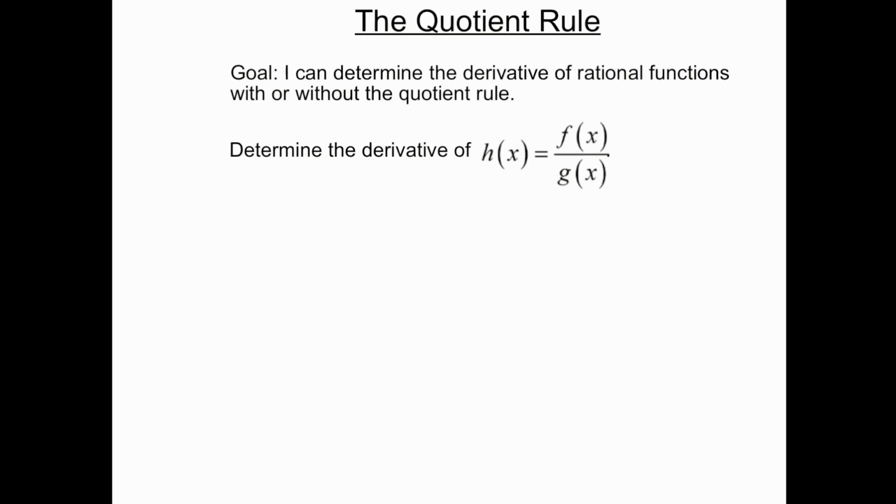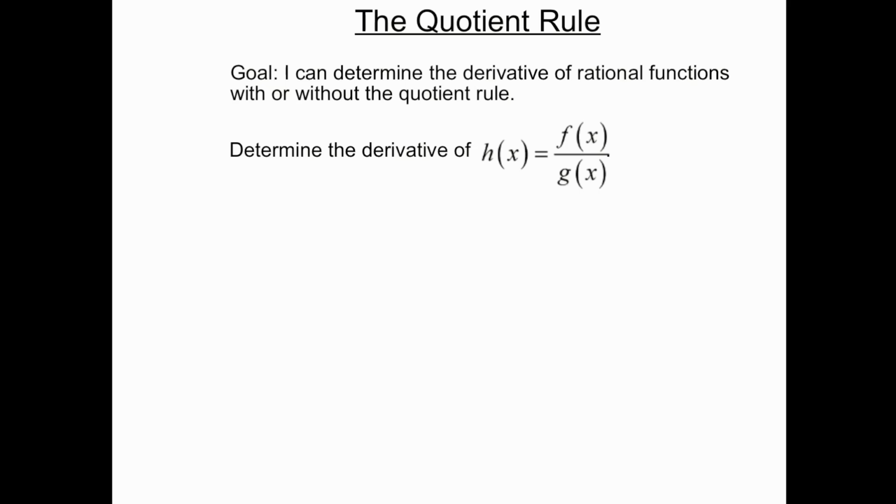Finally, we have gotten to this actual rule that I am going to have you add to your rules to live by. So our whole goal for today was to get so that you could take the derivative of a rational function, either with using it or without using the quotient rule. But I think you will find that this might be a little bit helpful.